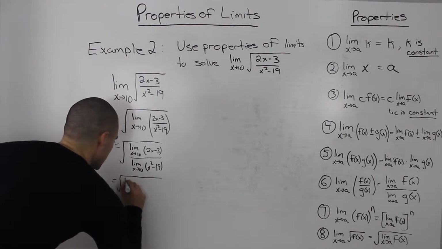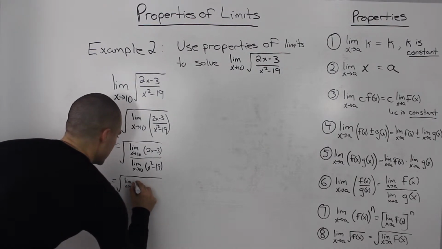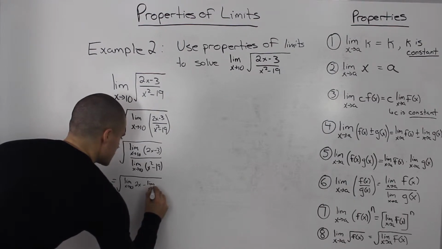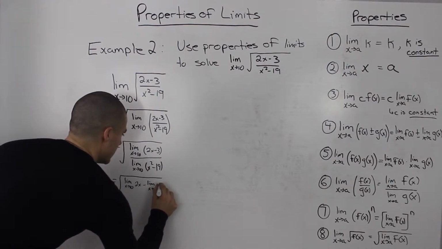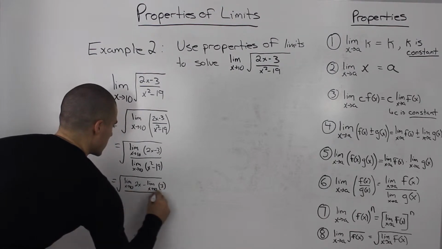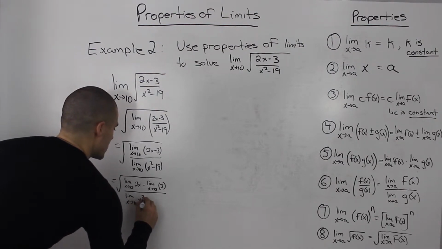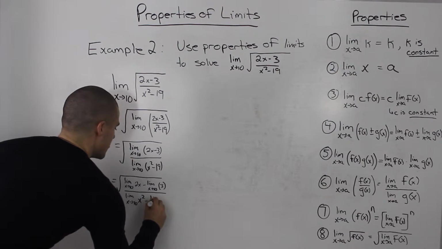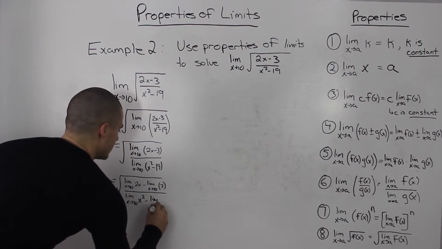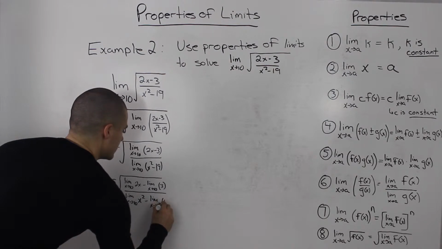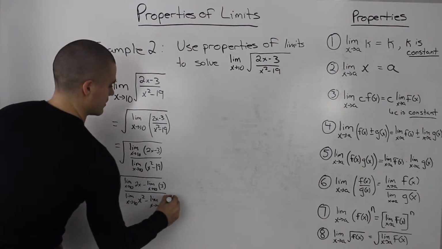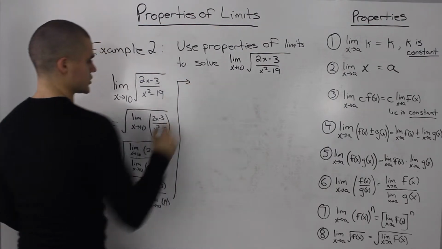So the limit as x approaches 10 of 2x minus the limit as x approaches 10 of 3 over the limit as x approaches 10 of x squared minus the limit as x approaches 10 of 19.